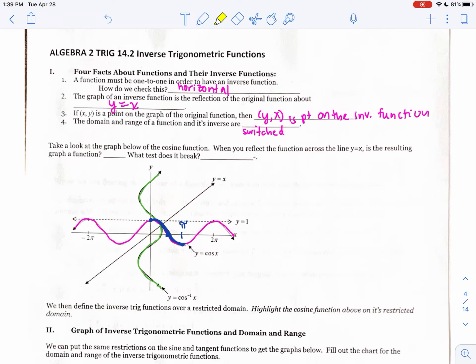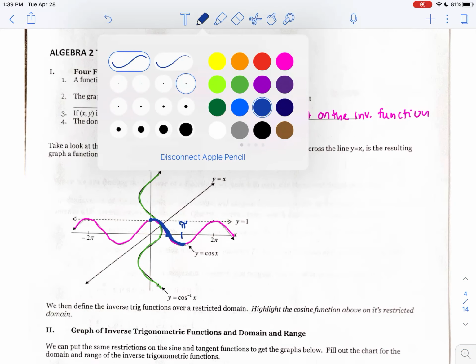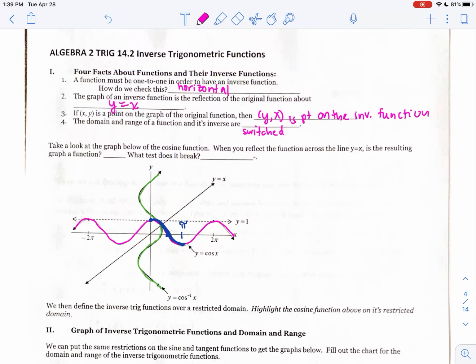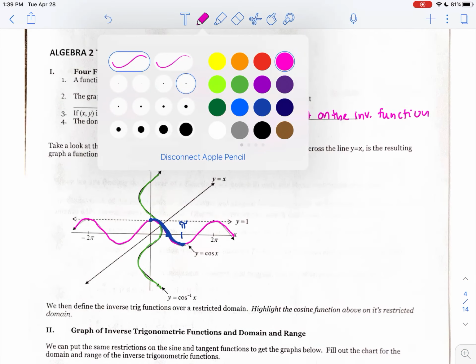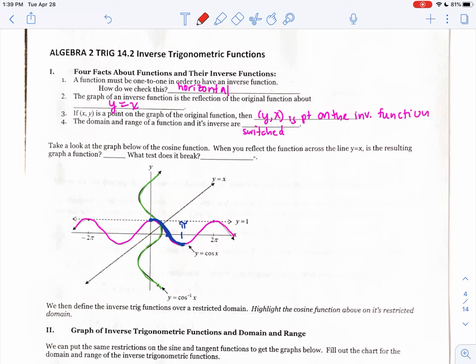And not only does it exist, but it is also a function. So let me erase the horizontal line test, and then in a different color, I'm going to trace what happens when it gets reflected across y equals x. When it gets reflected across y equals x, we have, let's do red, the portion of the function that is, this point gets reflected over here.